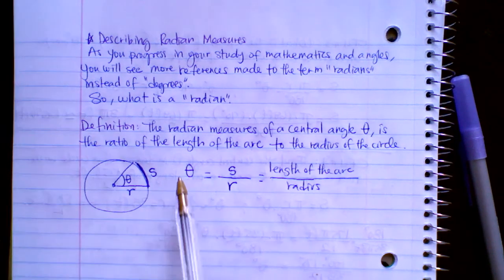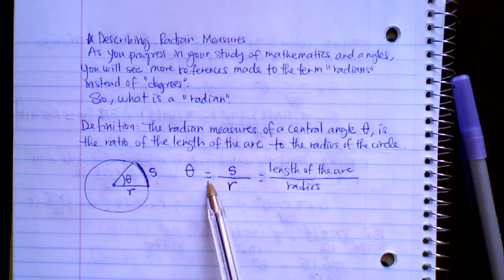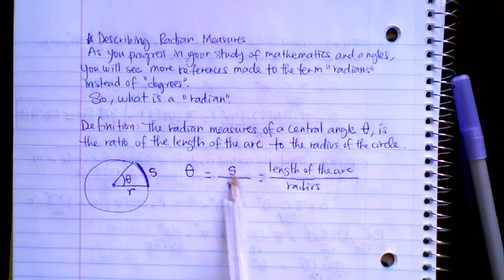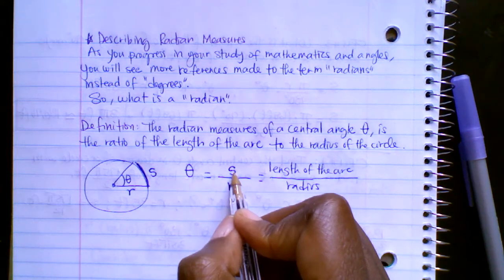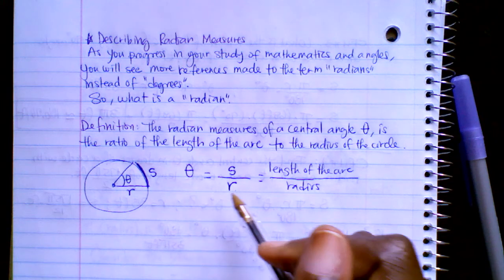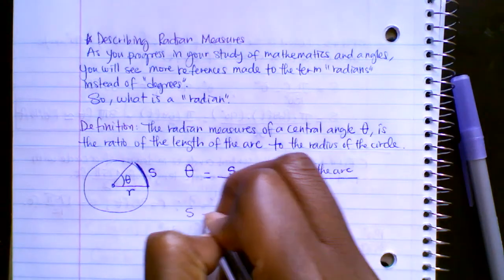Okay, so now theta represents the angle in radian, which equals the length of the arc S over the radius R. Using this formula, we can derive the formula for the arc length. To derive it, you can just cross multiply.